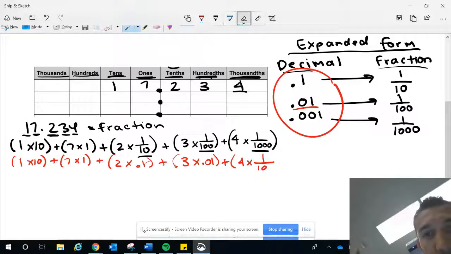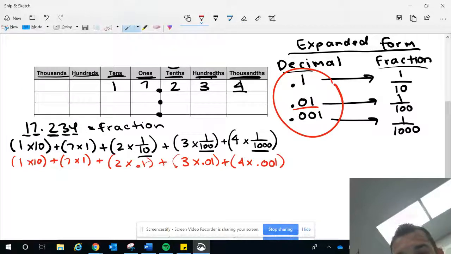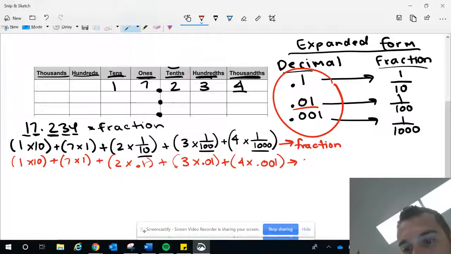Oops, see, I'm writing in fraction form. That should actually be 0.001. So now this is fraction form, and this is decimal expanded form.